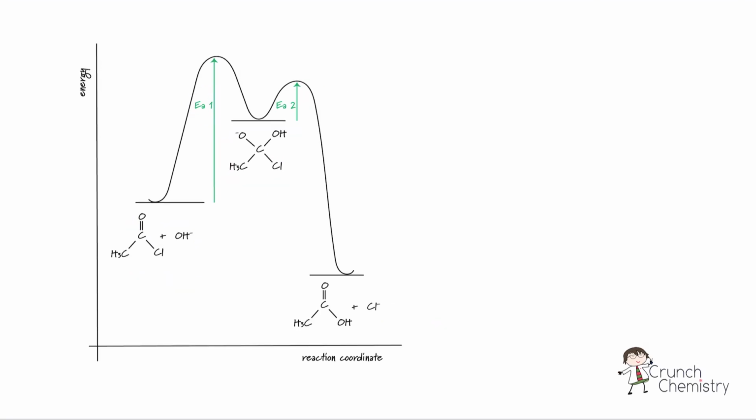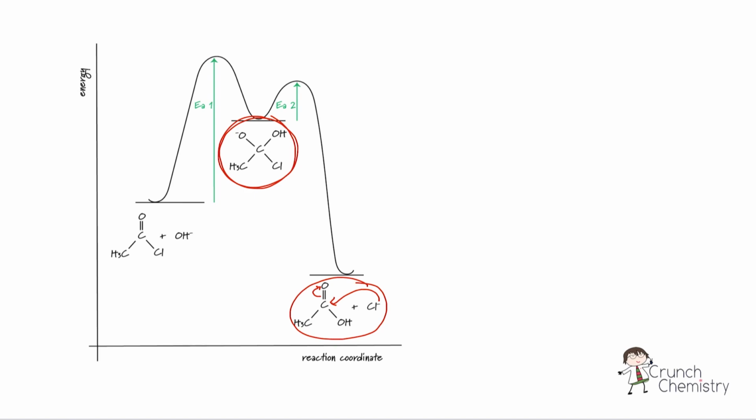If we think about the second reaction, where we have a reaction, theoretically, between carboxylic acid and chloride ions forming a bond with the carbon, double bond to the oxygen breaking, we end up with exactly the same intermediate. Now, at this point in the reaction, we've got 2 choices.